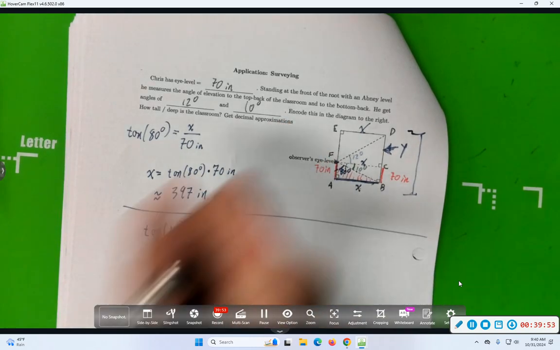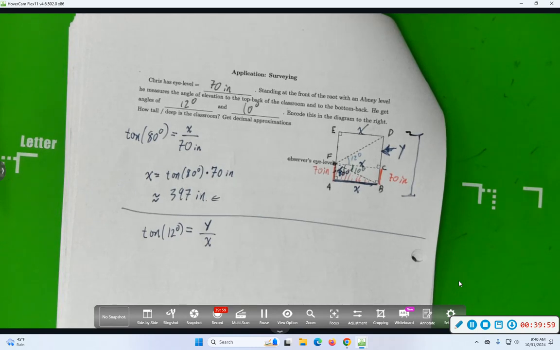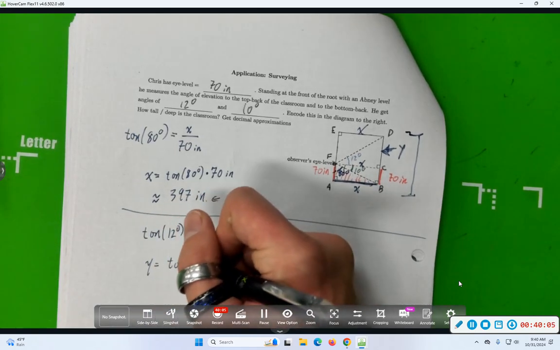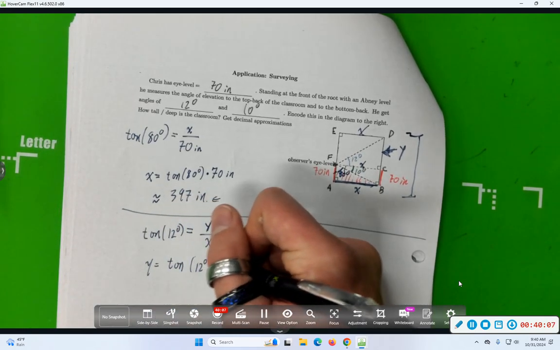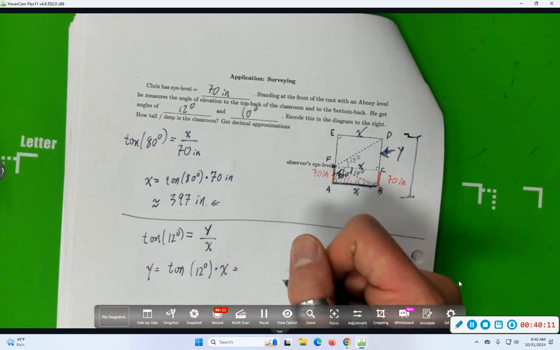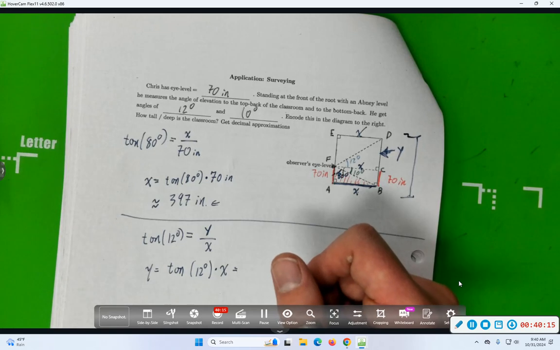It's whatever that is. For now I'll call it x because that's less to write. That look like something you could solve for y? Yeah, so let's do it. y is equal to the tangent of 12 degrees multiplied by x. I know what x is. I'll use the exact value because it's just better practice to use exact values in a computation.